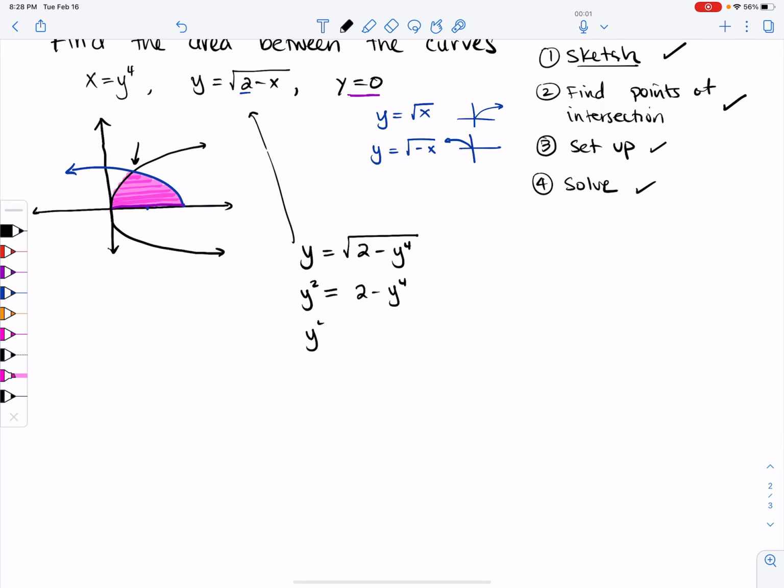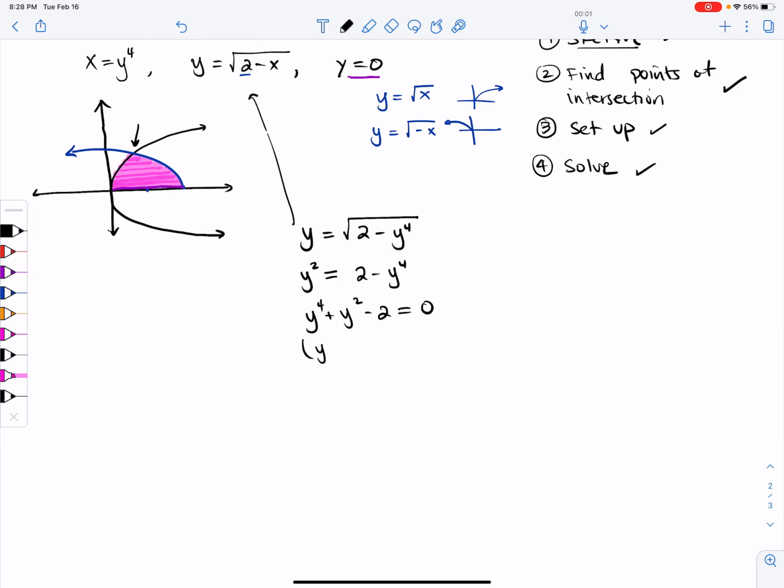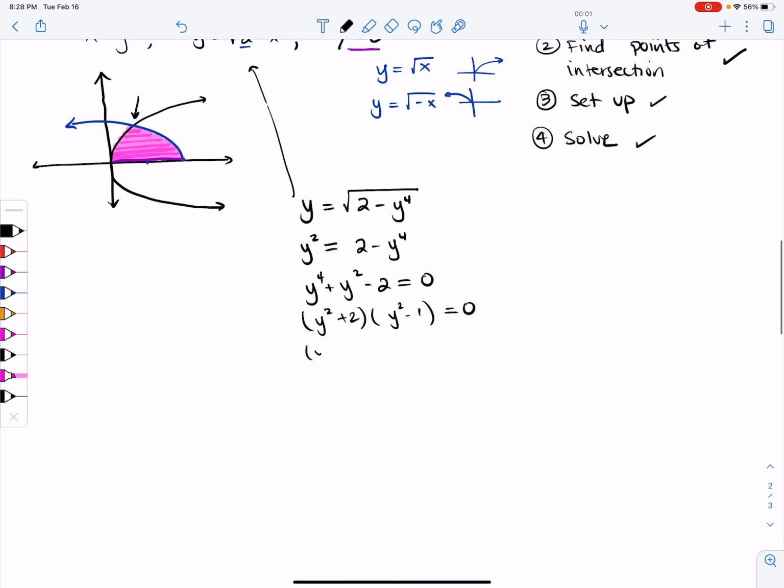Y to the fourth plus y squared minus 2 is equal to 0. And let's factor. We have y squared plus 2, y plus 1, y minus 1 equal to 0.